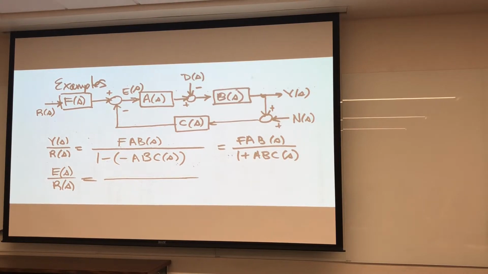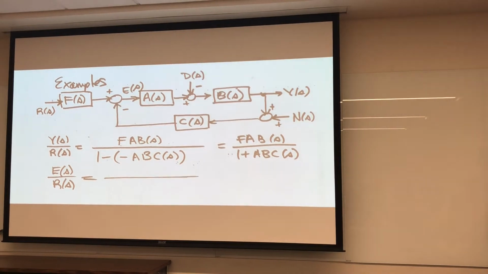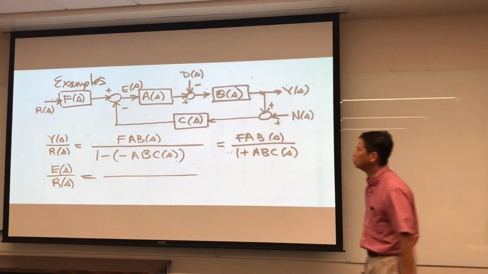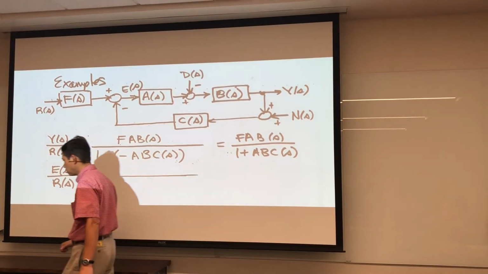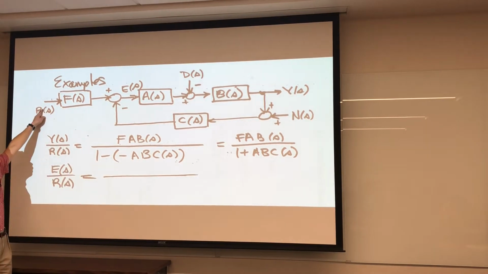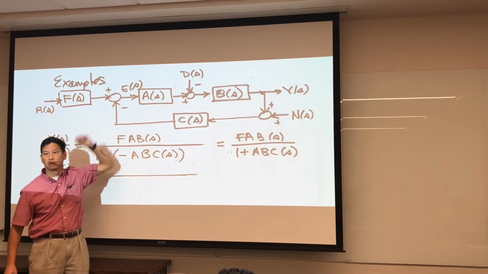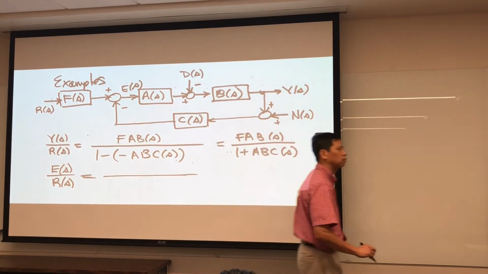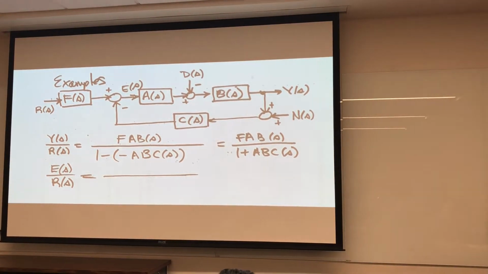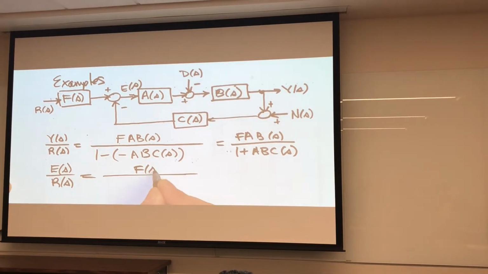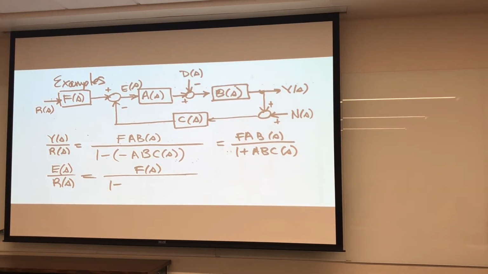Okay, we want to find the forward gain from R to E. So, go from here, and that's the output. And so the answer is I get F. And then I do 1 minus the loop gain.